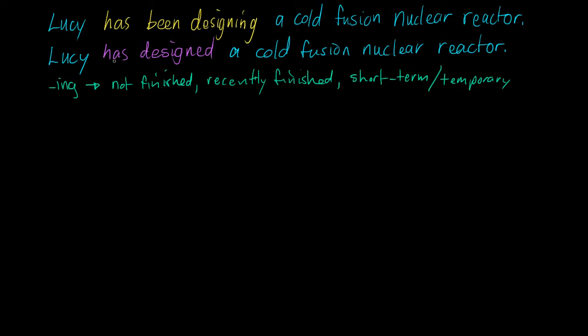So that would mean that if we use the present perfect simple in this particular sentence, we would think that it's completed. Whereas in the first case, it could be completed, but recently. It could not be completed, not finished. Or it could just be a short-term or a temporary situation where she may even leave the project before it's completely finished. So there is quite a difference here.